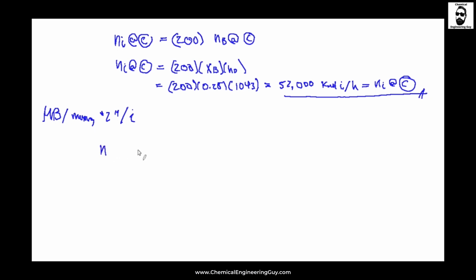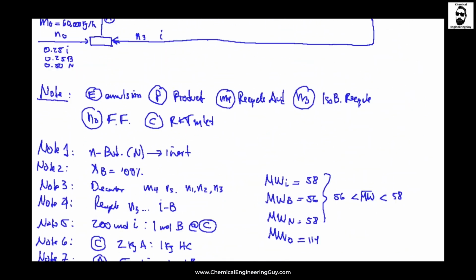So I have this mixing point here. This is N6, this is N of I at A, and this is N of I at, let's say, C. This is actually B, sorry. So we are doing this mass balance here.